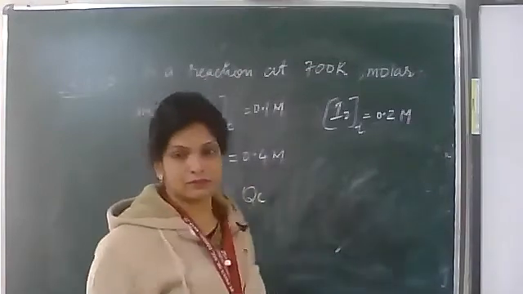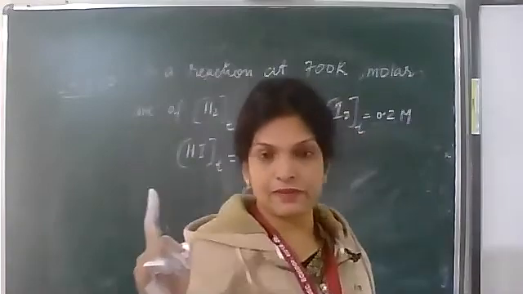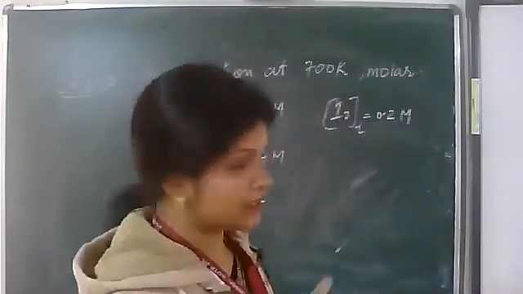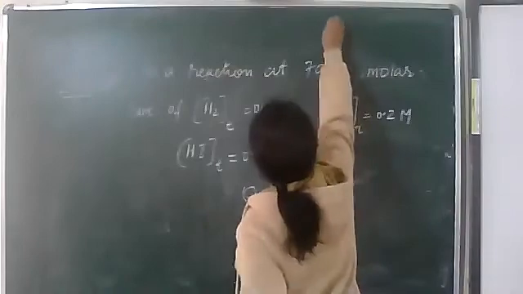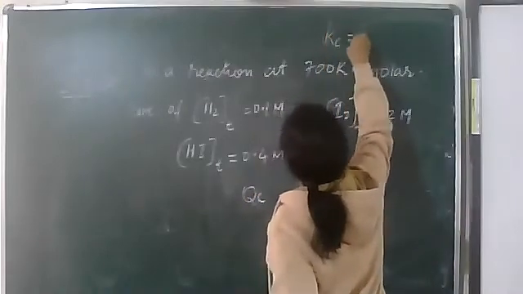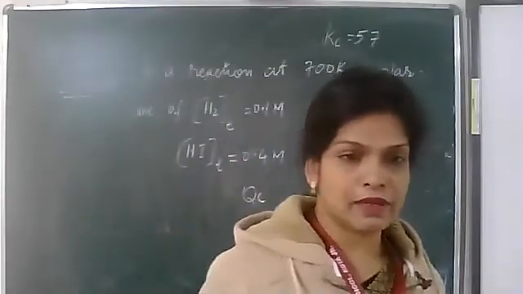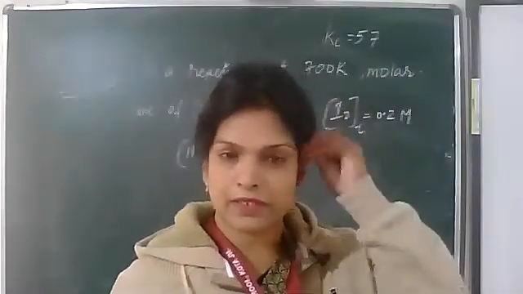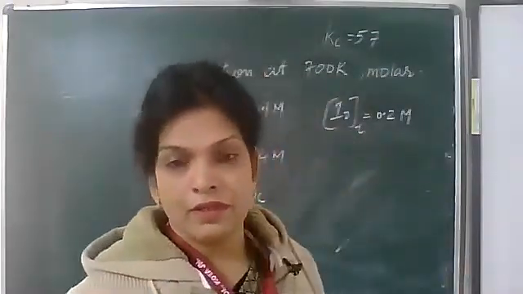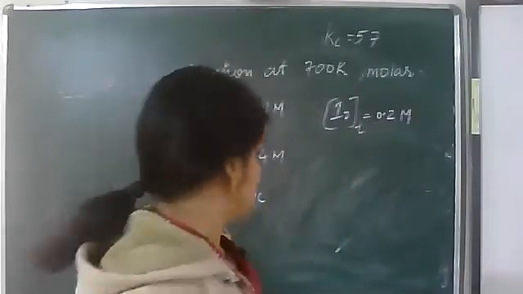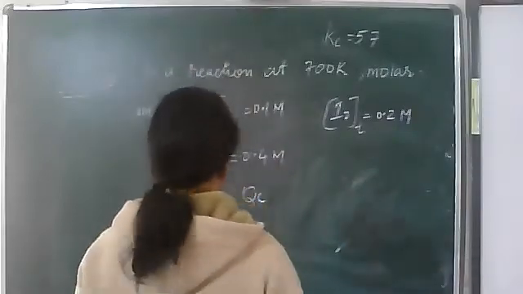Kc value we have already learned, Kc is 57 for this reaction. This will be given in the numerical. You cannot memorize all the Kc values for different reactions. Kc value is 57. Now let's see the QC.